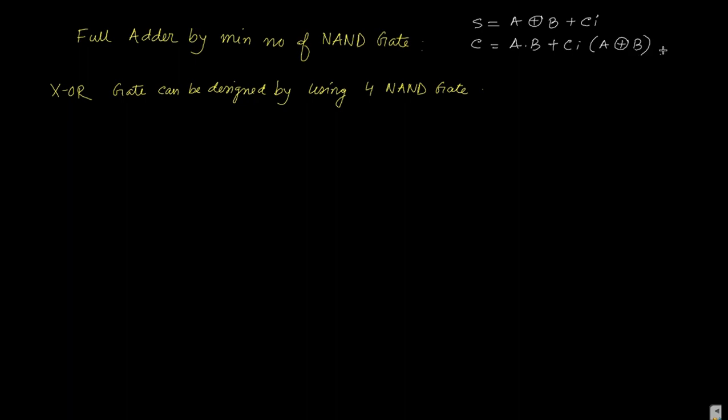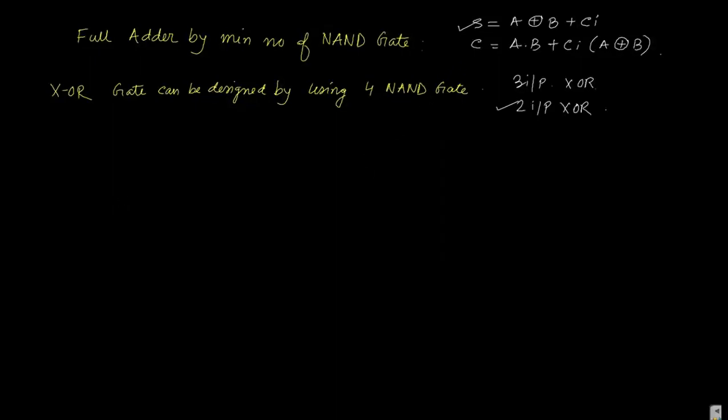Now we can use a 3 input XOR or a 2 input XOR. Okay, so we are using a 2 input XOR. Now, first we make the S.